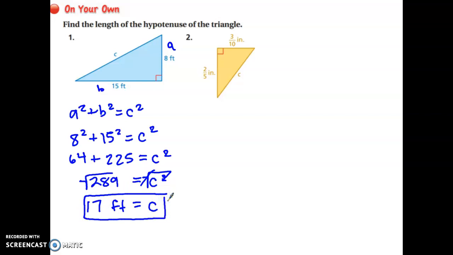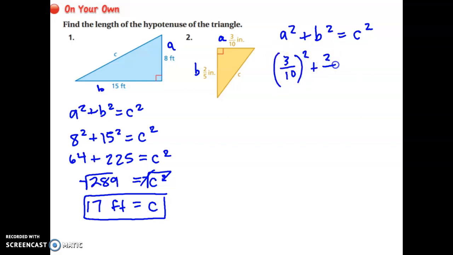Number 2, we have fractions here. So you're going to have, I'll make this one a and this one b. A squared plus b squared equals c squared. So we have 3/10 squared plus 2/5 squared equals c squared.